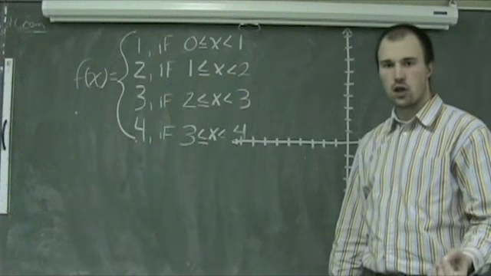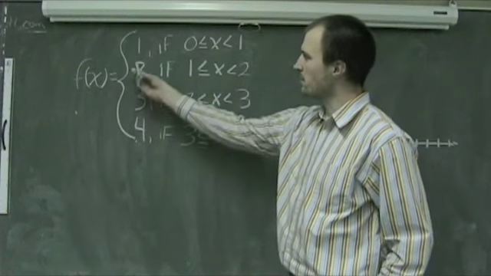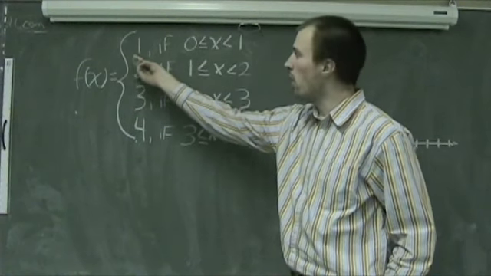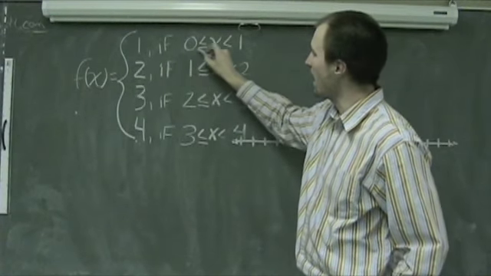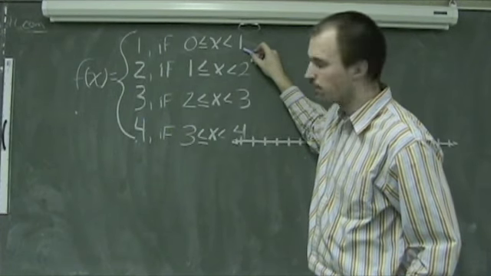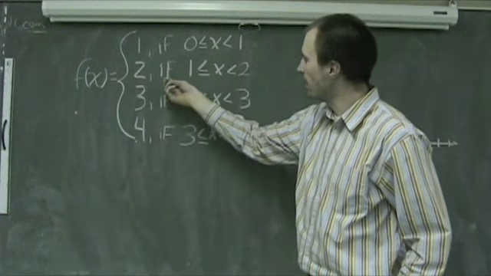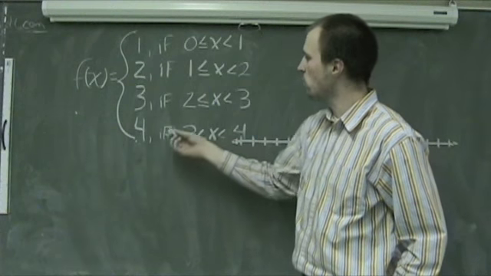When faced with a larger piecewise function that looks a little bit different, such as f of x, our y value will be 1 if x is between 0 and 1, not including 1. It's 2 if x is between 1 and 2, not including 2.